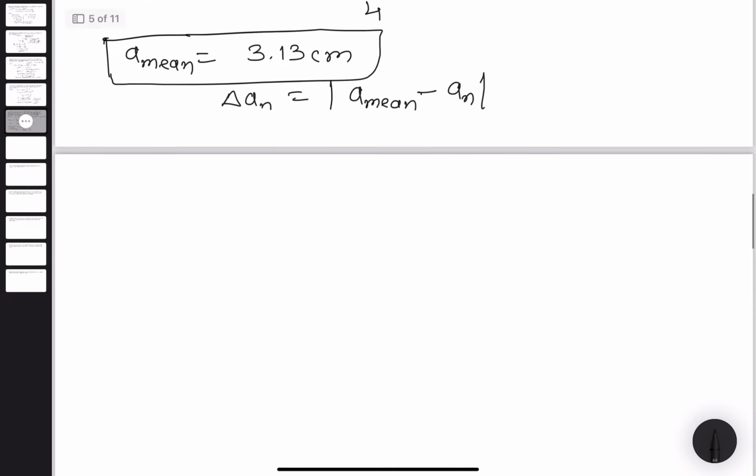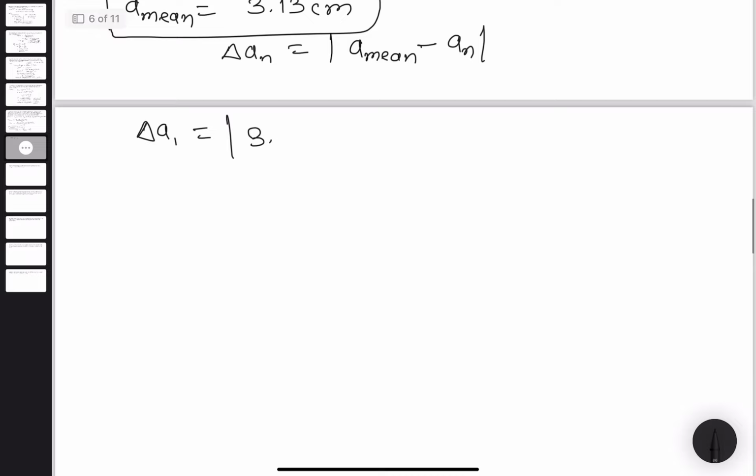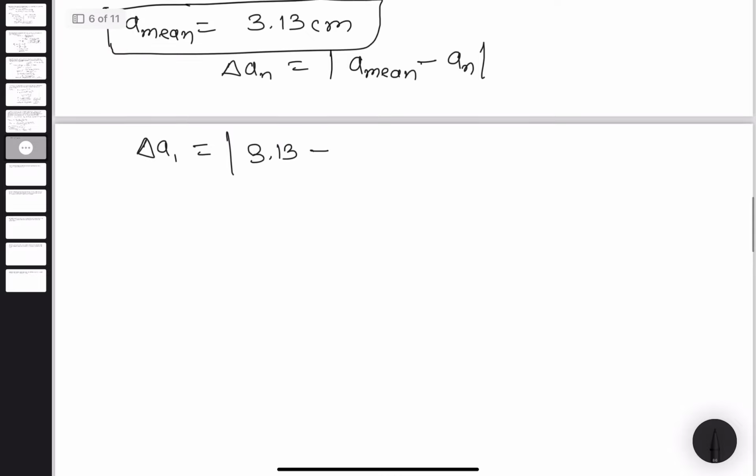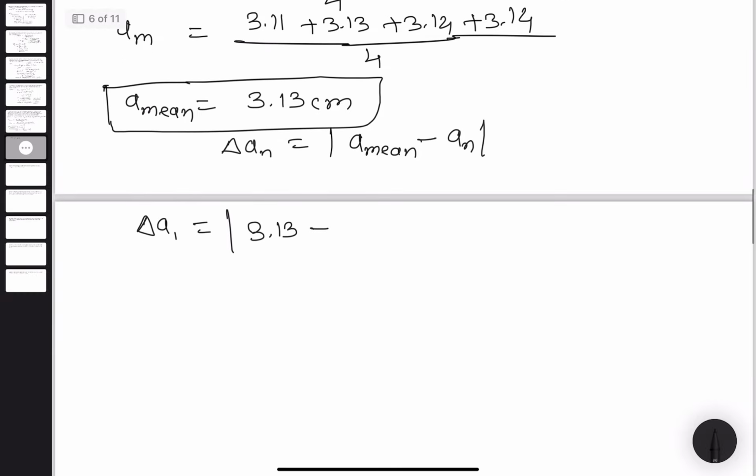So first we will calculate delta a1, that will be a mean, that is 3.13, minus a1, which is 3.11, so we will get 0.02.